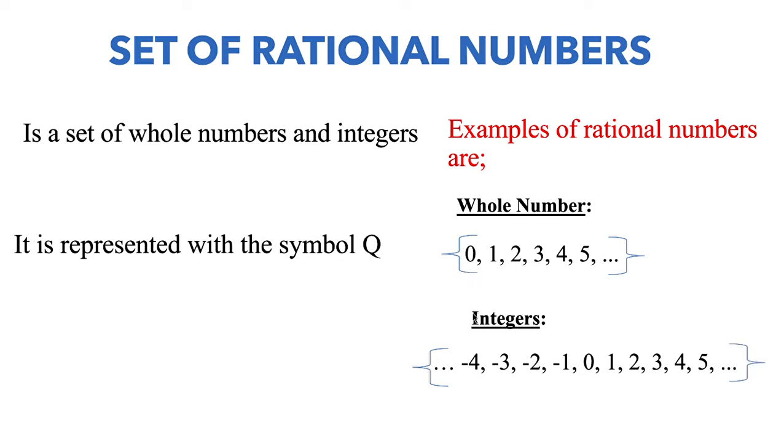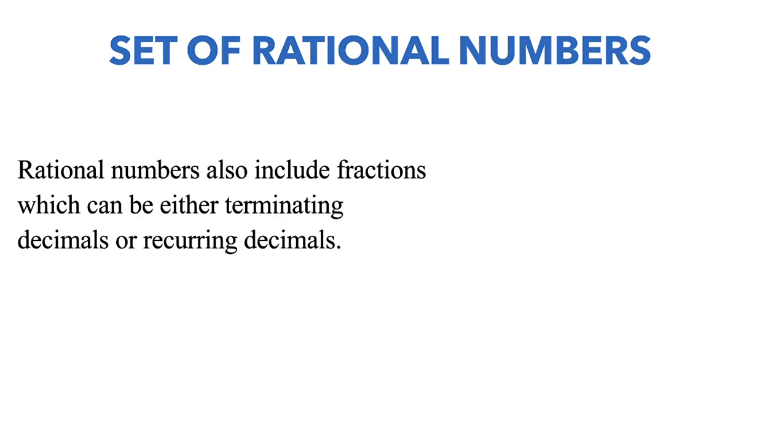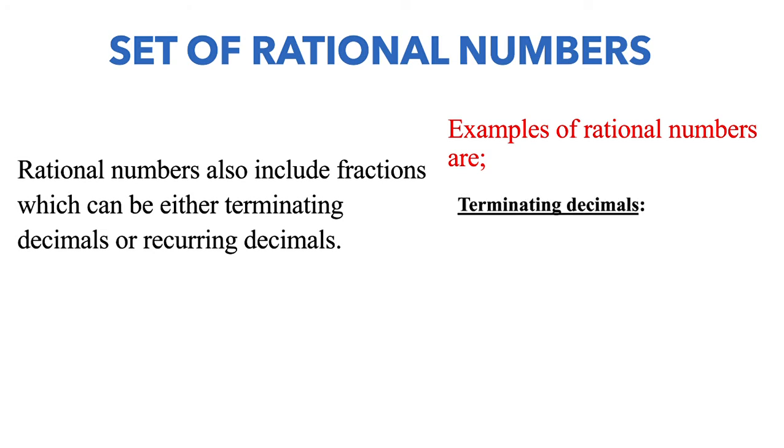Next, we look at a different concept: rational numbers can also include fractions, which can either be a terminating decimal or a recurring decimal. I will show us the difference between a terminating decimal and a recurring decimal. Examples of rational numbers. First, we have the terminating decimals.